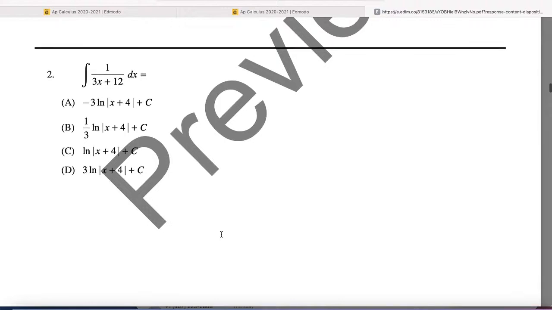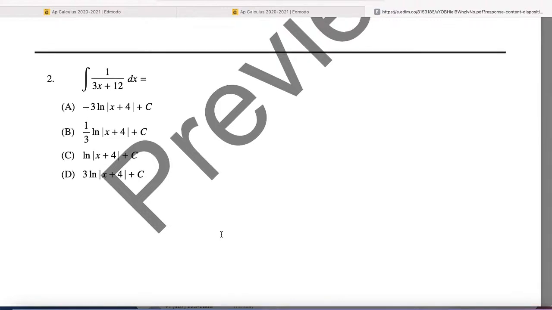Number 2 is B. You just have to factor out a 3 and do your substitution. Okay, good.